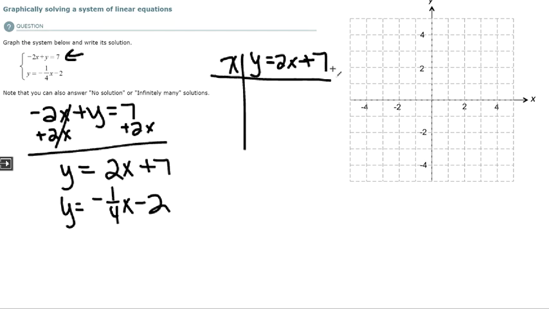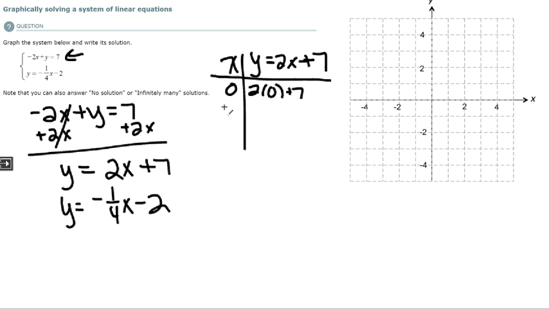Because there's no fraction involved, I'm not going to limit it too much, so I'm going to go ahead and choose 0, which would give me 2 times 0 plus 7. And actually, that's not on my graph, so I'm going to pick 1 next.